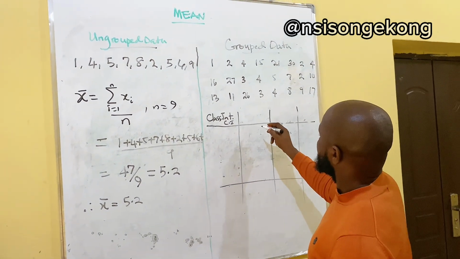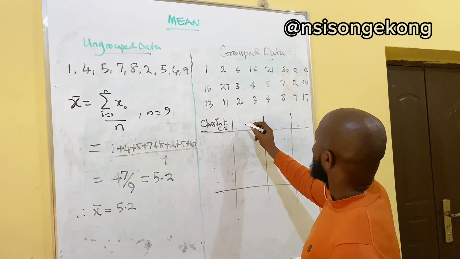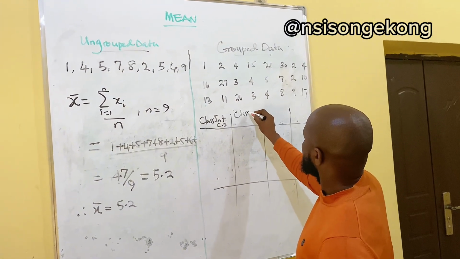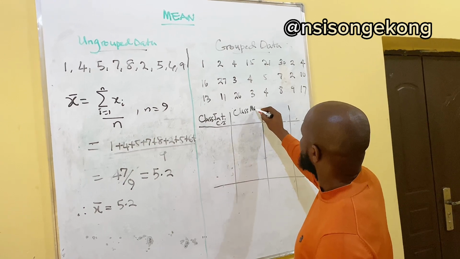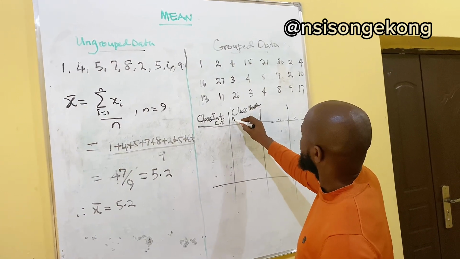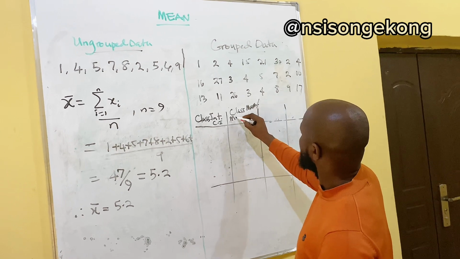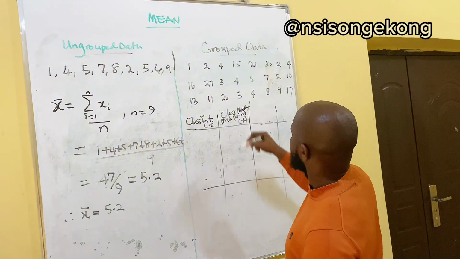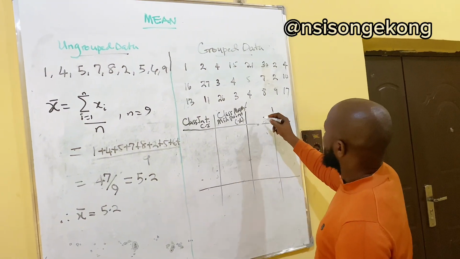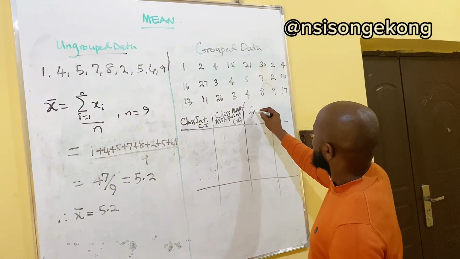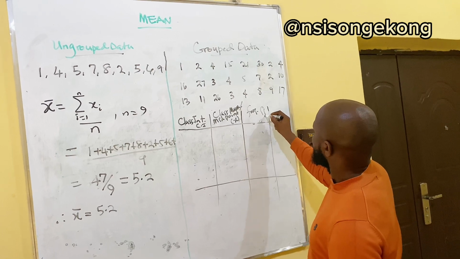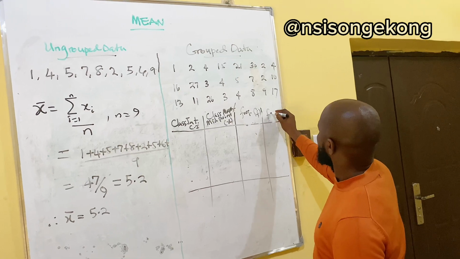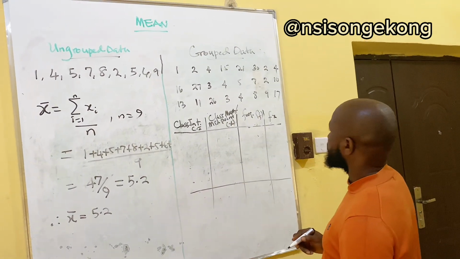The second column will be for the class mark, also called the midpoint, which is a variable x. The next column is for the frequency. The last column is just the multiple of the frequency and the previous column.